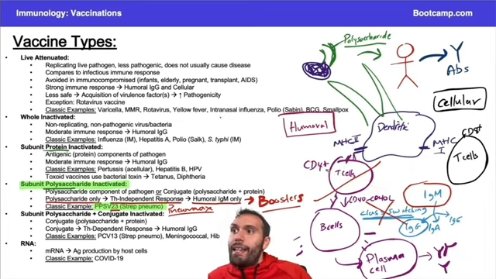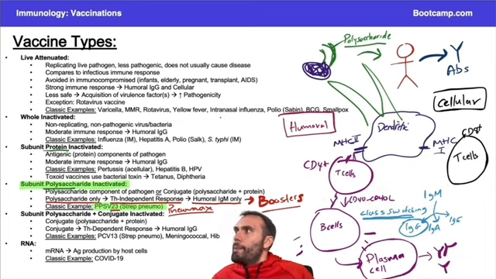Okay, because then we have a protein component with it, right? And this thing here is essentially going to be my protein. Okay, so the protein, I can pick any protein that I can bind this polysaccharide to, and this whole thing together is going to be called a conjugate. Okay, so when I combine these two, this is going to be called my conjugate.